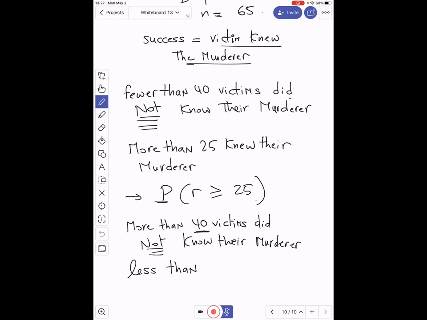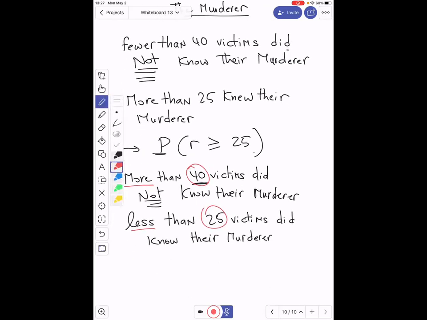So the difference: here are 40 victims who did not know their murderer, so the difference is 25 who knew their murderer. You have to take the opposite. It says more did not know their murderer, so then less than, and take the difference. 65 minus 40 is 25 who knew their murderer. So that's the probability that R is less than or equal to 25.